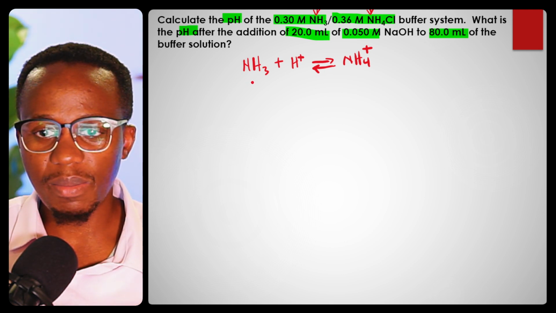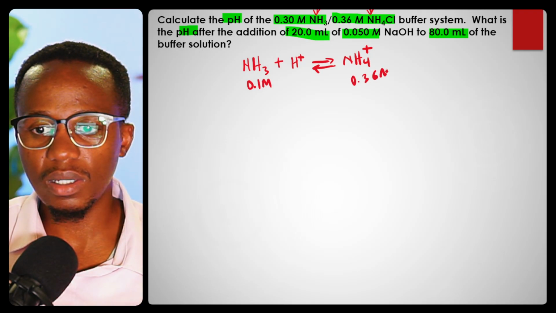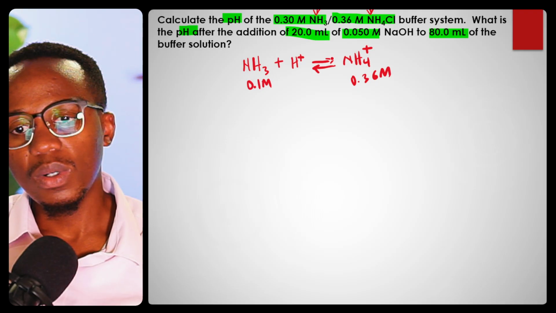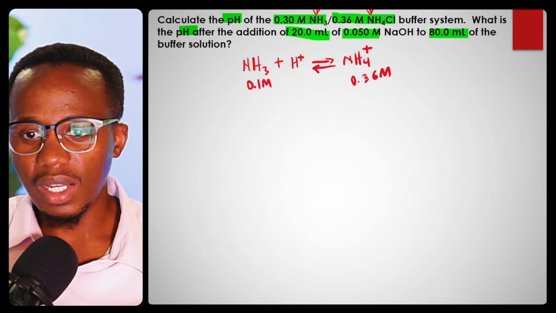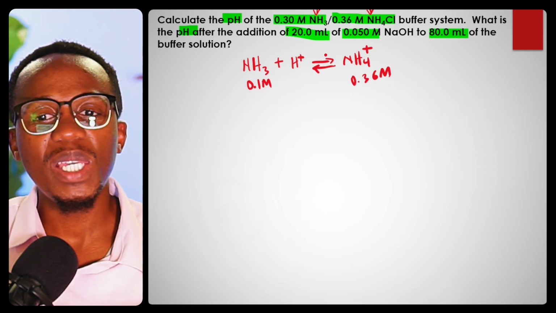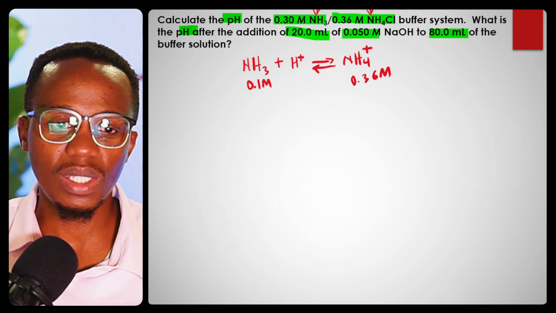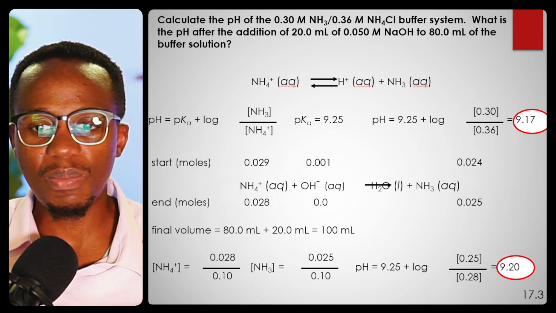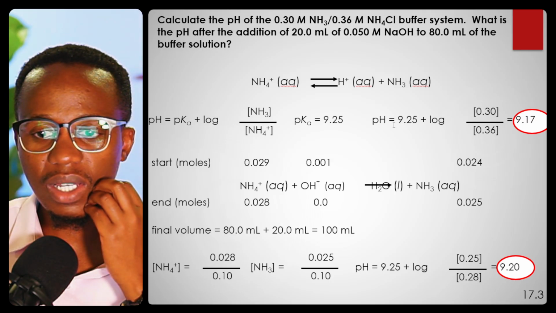Now they're telling me that this has 0.1 molar, this has 0.36 molar, right? That is the starting point. Now that we have the molarity, let me ask you this: what is the pH of this entity, right? Now let me show you something, I'm trying to see if I can find the pKa.